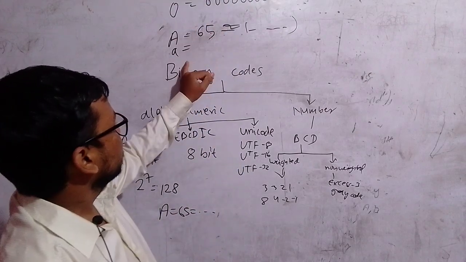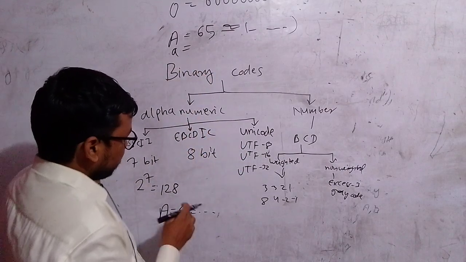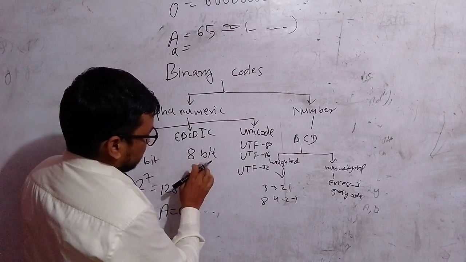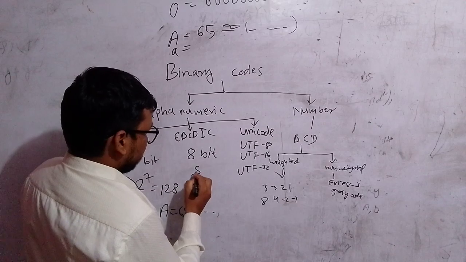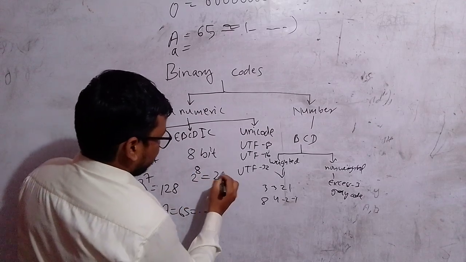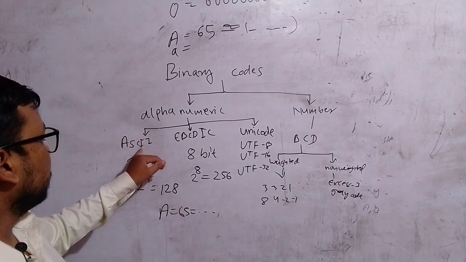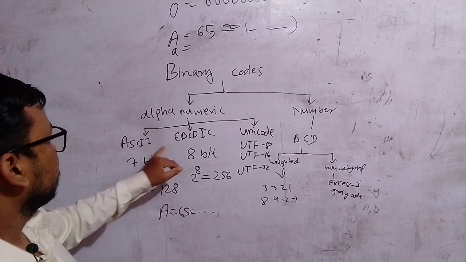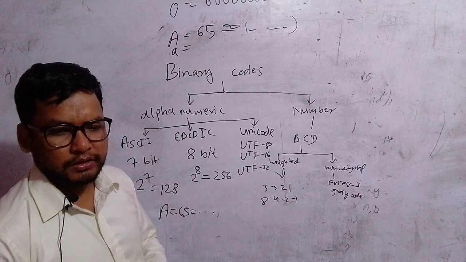Its capacity is to store double the symbols of ASCII, 2 to the power 8, which is 256.